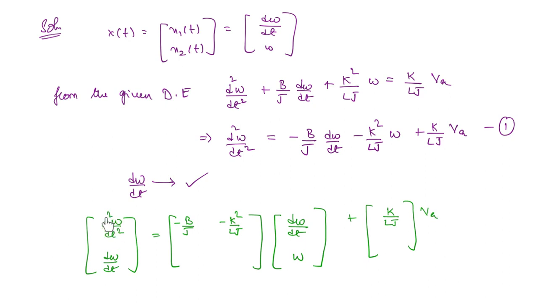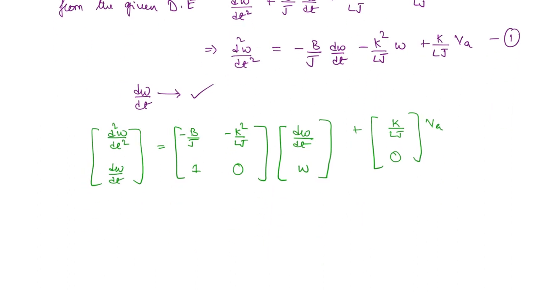So d squared omega by dt squared is equal to minus B by J into d omega by dt, minus K squared by LJ into omega, plus K by LJ into Va. Then what about d omega by dt? This is simply equal to d omega by dt, so you can write 1 here and this will become 0. And this also you can write 0, because there is no relation between d omega by dt and Va. Now what was the given question? You have to find this matrix, which is given as P. So P is equal to [-B/J, -K squared/LJ; 1, 0].